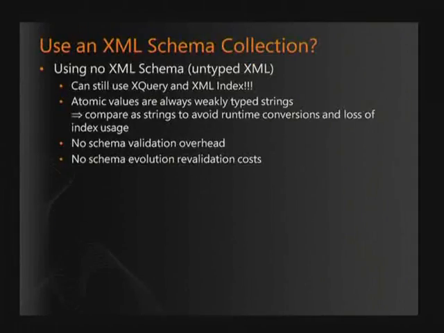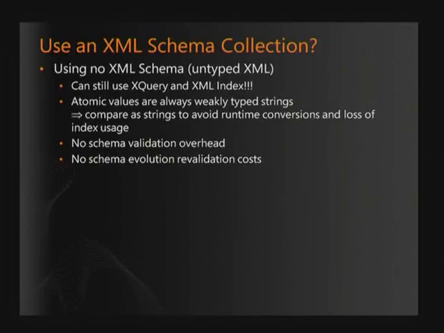So the next one is, should I use an XML schema collection if I have schemas that constrain the data? If I have no schema on the XML data type, we call that untyped XML. You can still use XQuery on it. You can still define indices on it. So you're not losing any functionality on that part. However, the semantics is different.